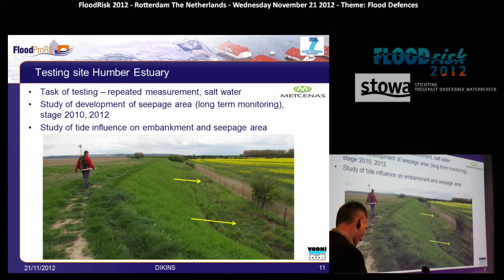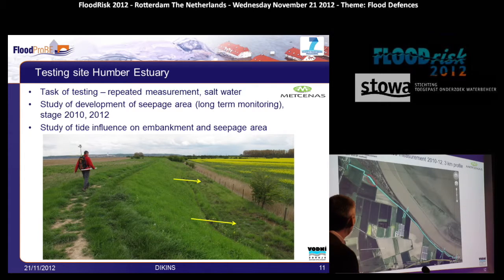And now I will move to the Humber Estuary testing site, because we concentrated on 2 main tasks. One is, we can say, long-term monitoring. We measured our testing site twice, in 2010 and 2012. And we also tried to study the influence of tide changes on embankments and seepage areas.